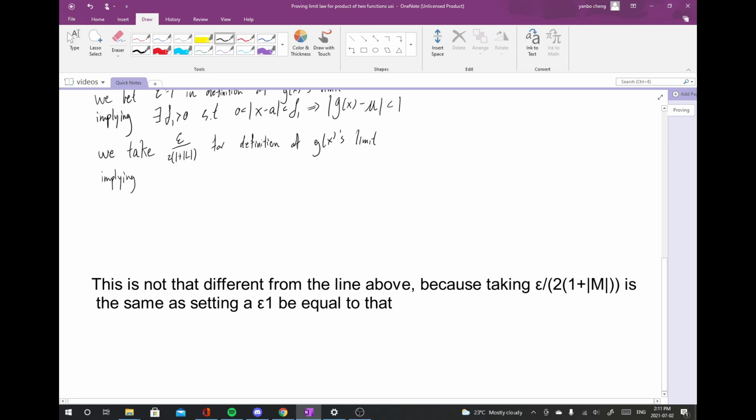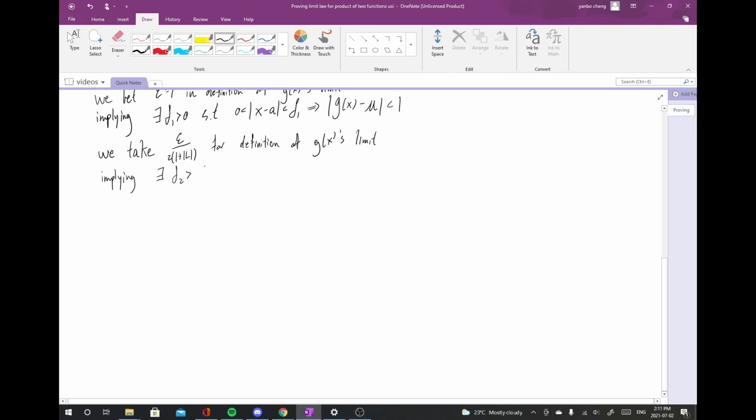Which implies that there exists a delta 2 such that this is required. Which implies that there is a delta 2 that satisfies this.